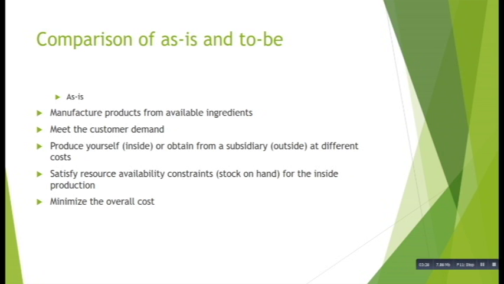The company wants to meet the customer demand. They want to produce inside or obtain from the subsidiary outside at a different cost. They want to satisfy the resource availability constraint for the inside production, and they want to minimize the overall costs.